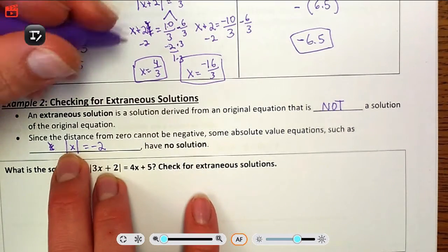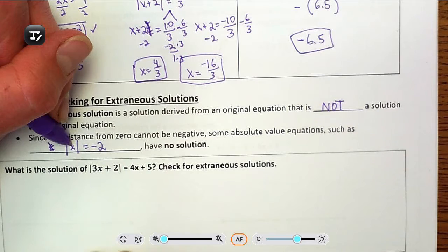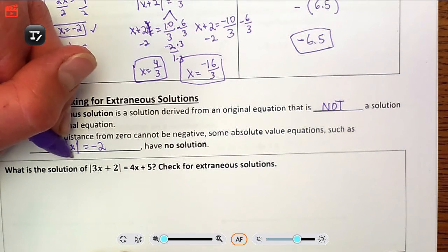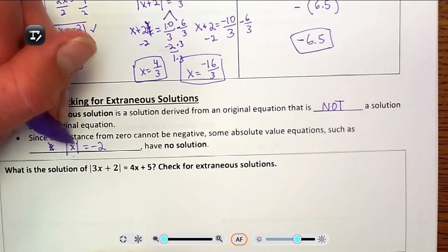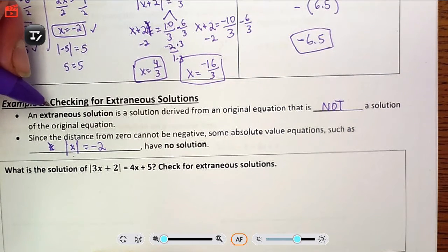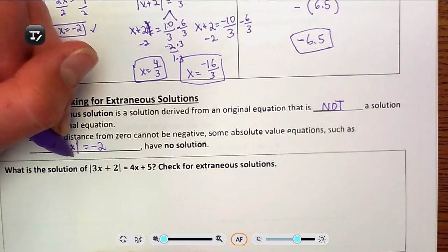Okay? That's because absolute valuing something makes it positive. If this in here was 2, absolute value of 2, you would get 2 equals negative 2? No. What other number could this be that could be equal to negative 2? What about negative 2? Negative 2, absolute valued, is 2.